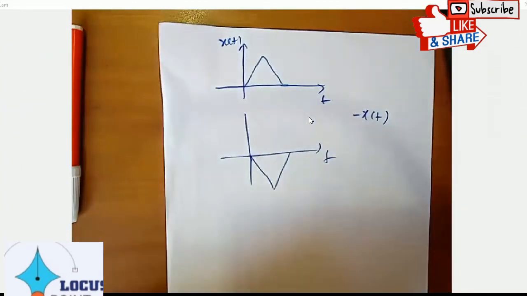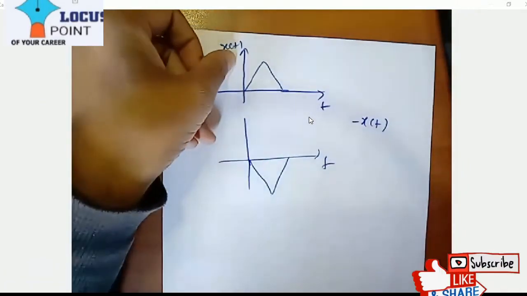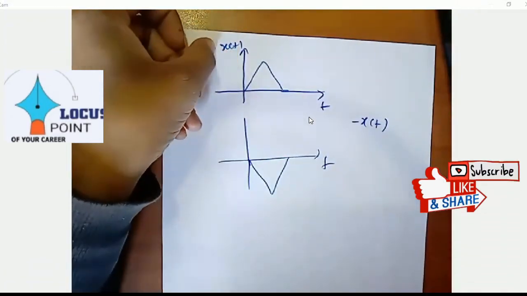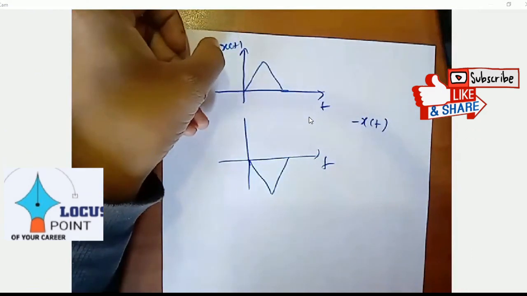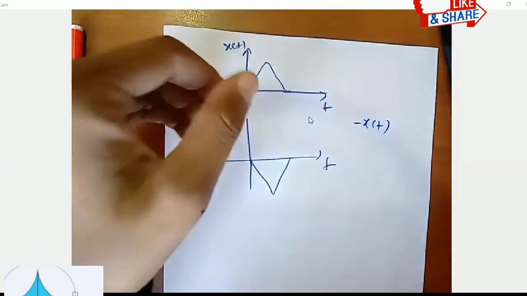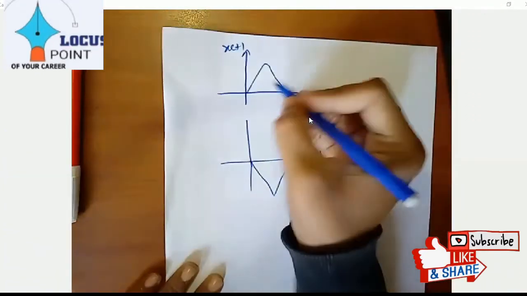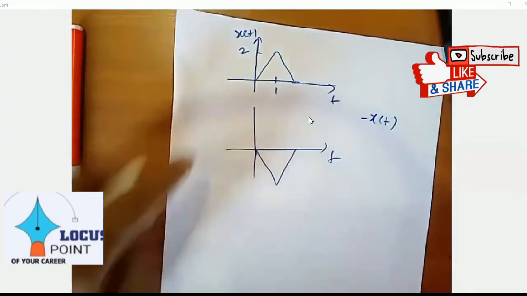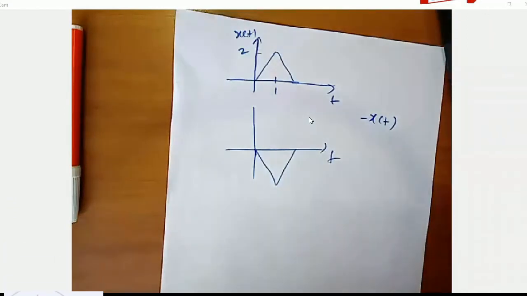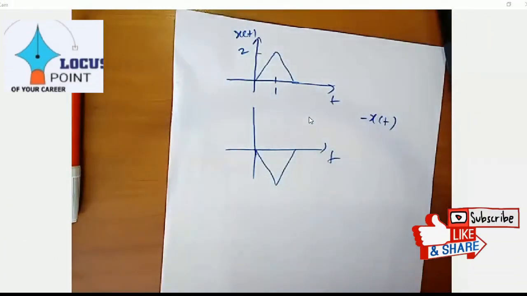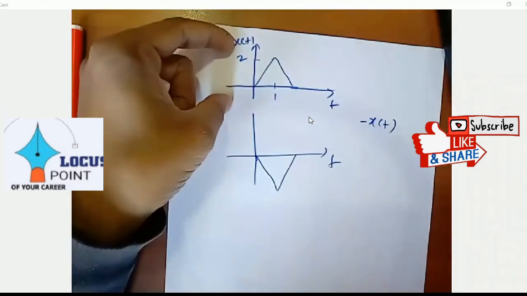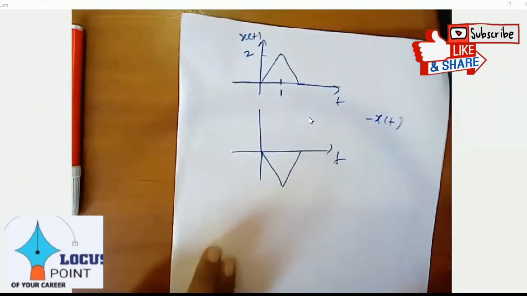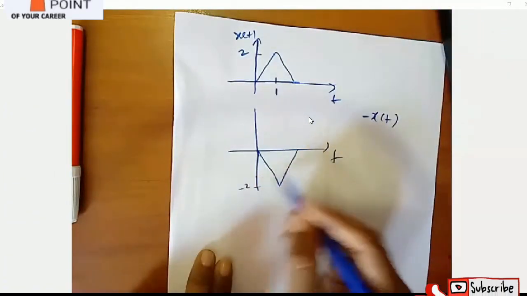That's it. Please look here: if this is given and somebody takes minus of this, that means the whole graph will be inverted. And how? Look at it. Suppose this is 1 and you have the value 2. When I multiply by minus 1, this 2 will become minus 2.